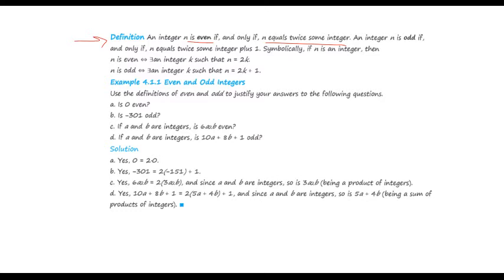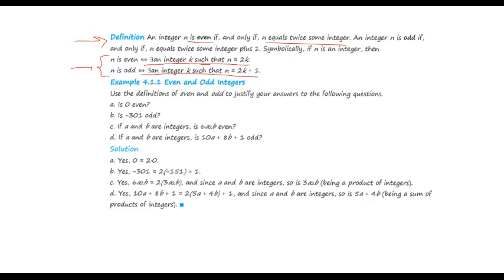If we show that symbolically, you will understand better. As you see here, the first row is about the definition of even integer. We say n is even if and only if there exists some integer k such that n is equal to 2k. And n is odd if and only if there is some integer k such that n is equal to 2k plus 1.